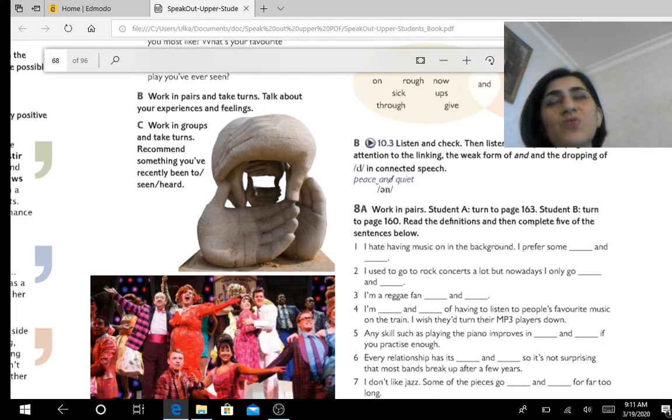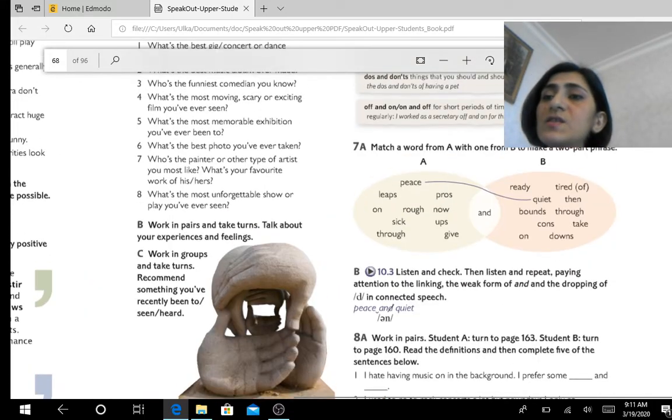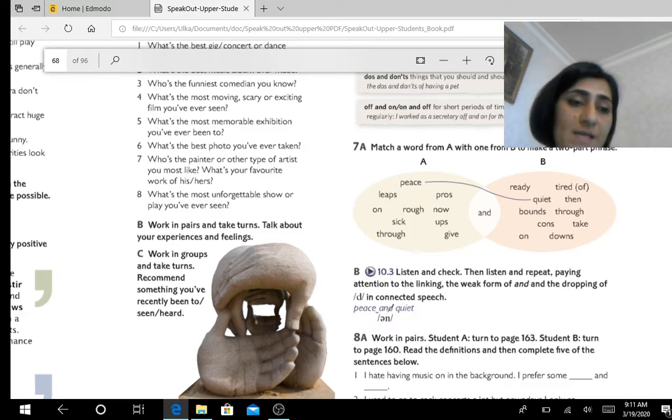Actually, we do role play during our lessons, but taking into account our situation, we cannot do it right now. That's why I suggest you go to pages 160 and 163. You can find out all the definitions of these two-part phrases.